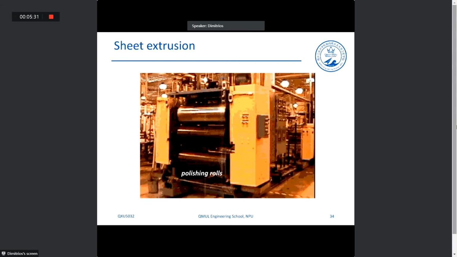As I told you, it is very important that these rolls are very clean, polished, and smooth, because any problem that is present on the rolls will then be reflected on the ultimate product, okay? So the rolls have to be very carefully cleaned and very carefully maintained.